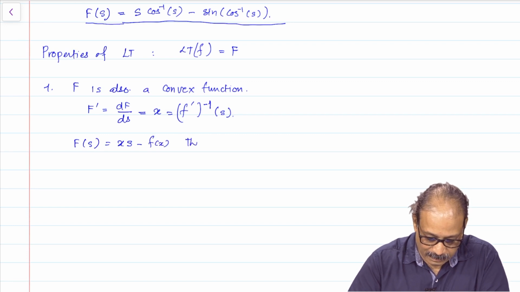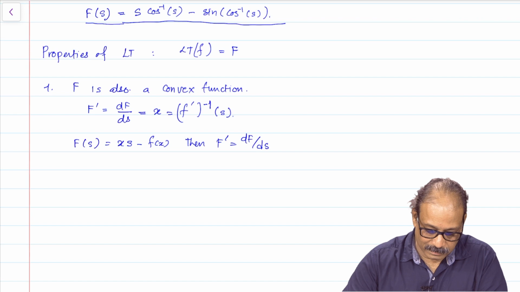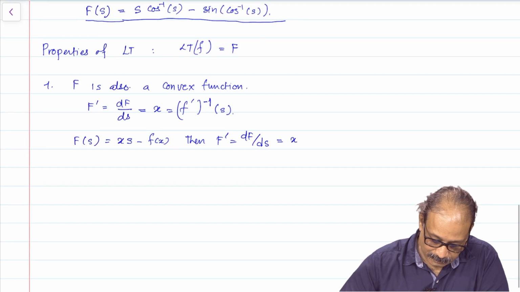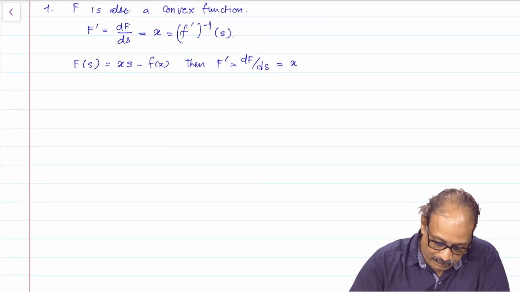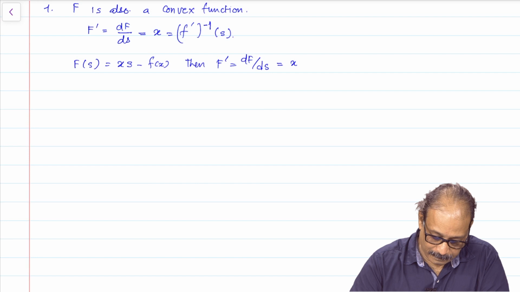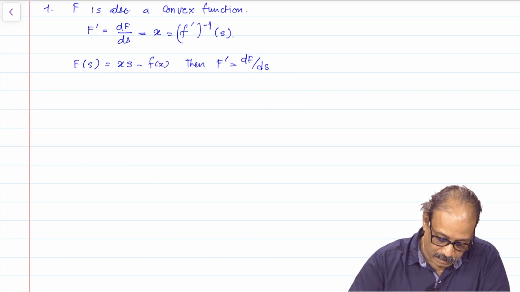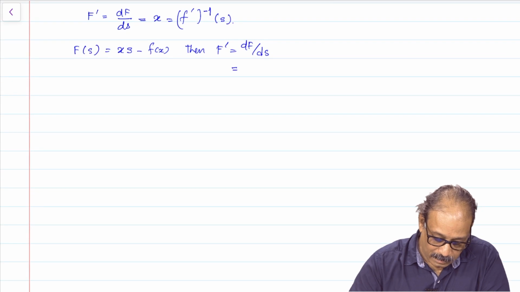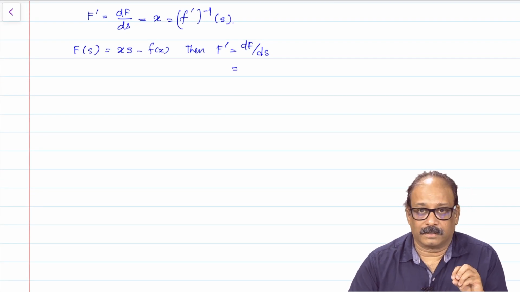Then F prime is dF by ds. Let us take this derivative. First of all, it is a product of x times s.